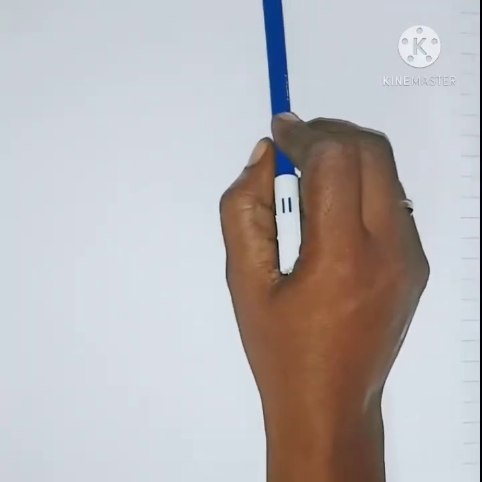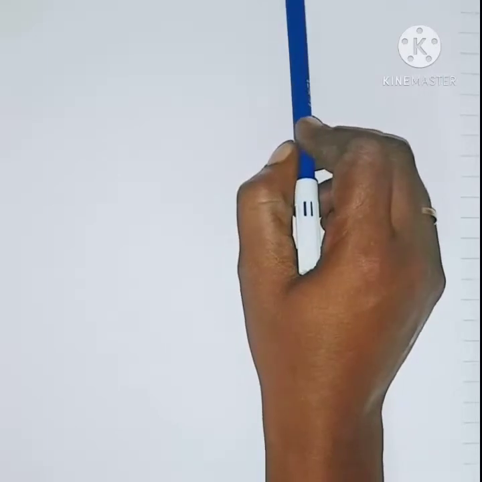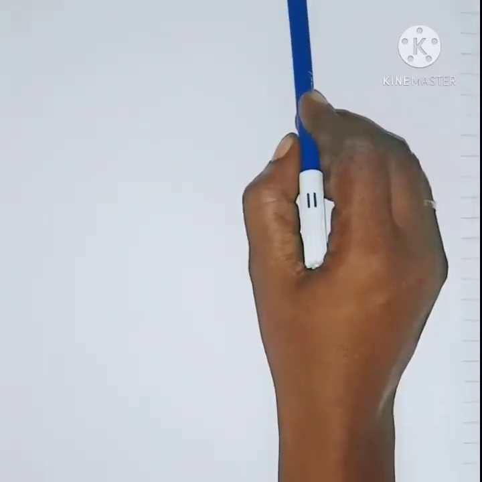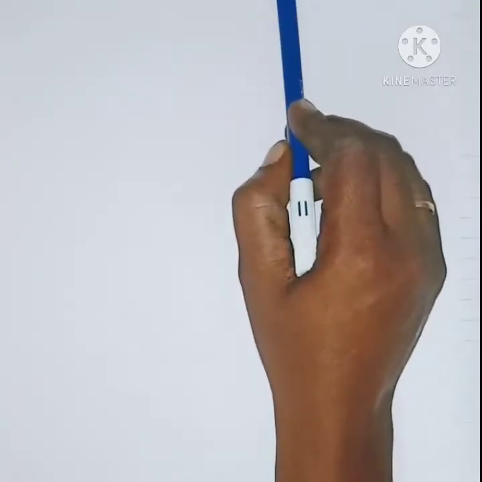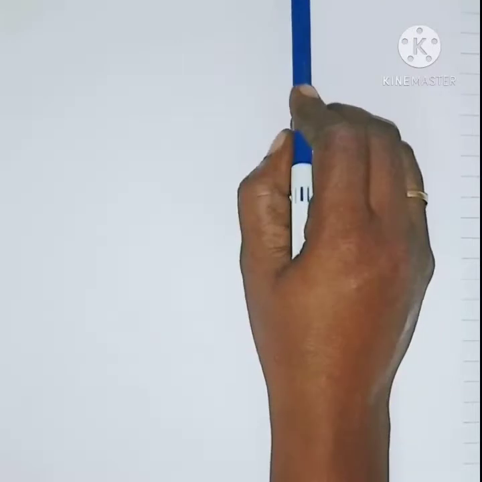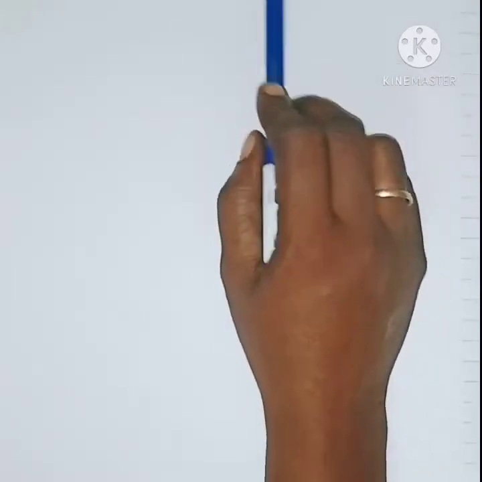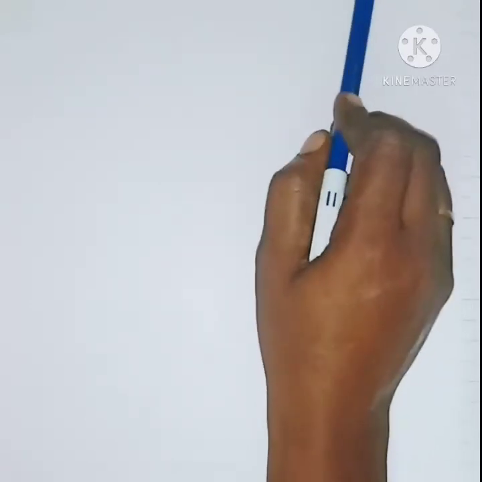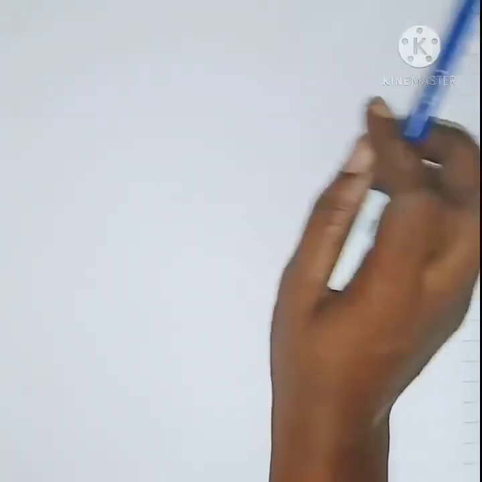Here the values are x is equal to 4 and x is equal to minus 3. Here two values are given for x. First we have to check whether x is equal to 4 is the zero of the polynomial or not, and then we have to check whether x is equal to minus 3 is the zero of the polynomial or not.